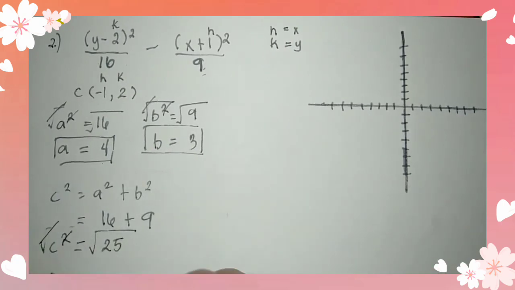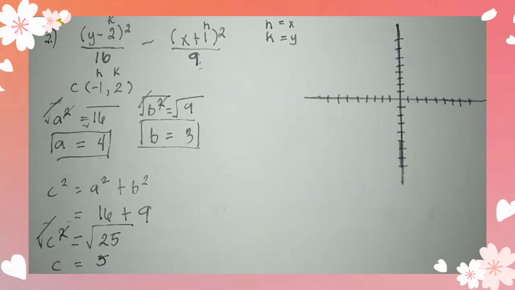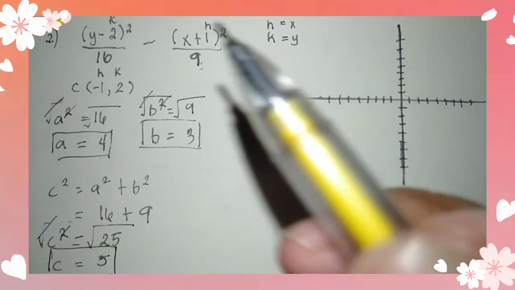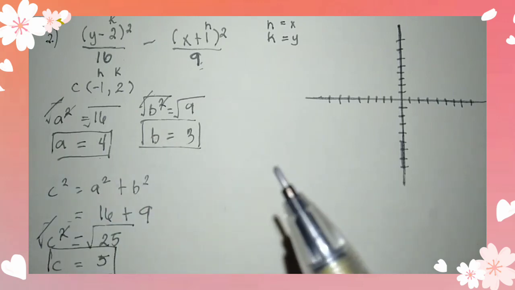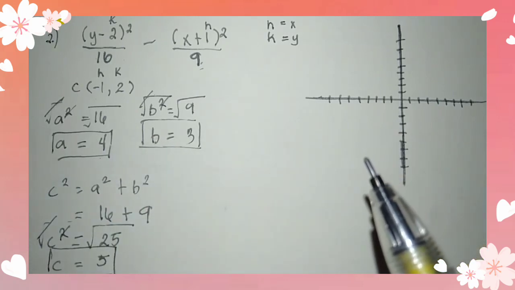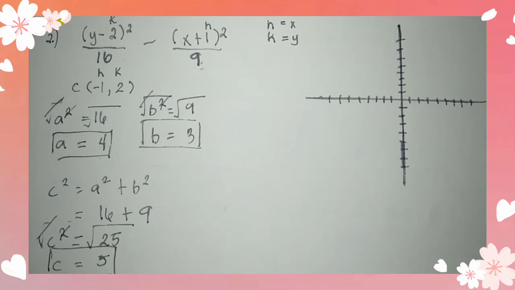And then cancel it out. So, c is equal to square root of 25 is 5. So, nahanap na natin si c. Remember, si a, b, and c is gagamitin natin on graphing a hyperbola, even without memorizing the formula of the vertices and the foci. Pero later on, i-check pa rin natin siya kung tama ba yung coordinates na makukuha natin kapag ginamit natin yung formula ng vertices and foci.